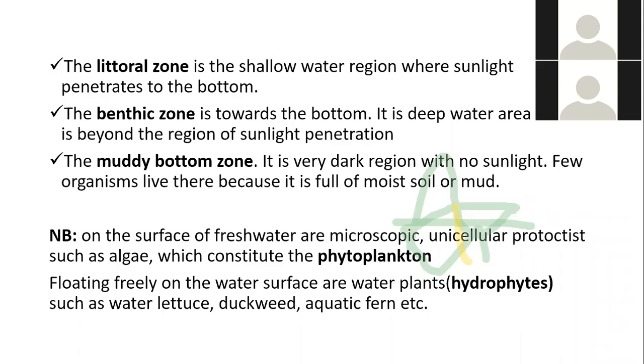Then again, on this same surface of freshwater habitat, you would find water plants floating freely. Majority of what you see is the leaves. They are referred to as hydrophytes. So water plants are also referred to as hydrophytes.